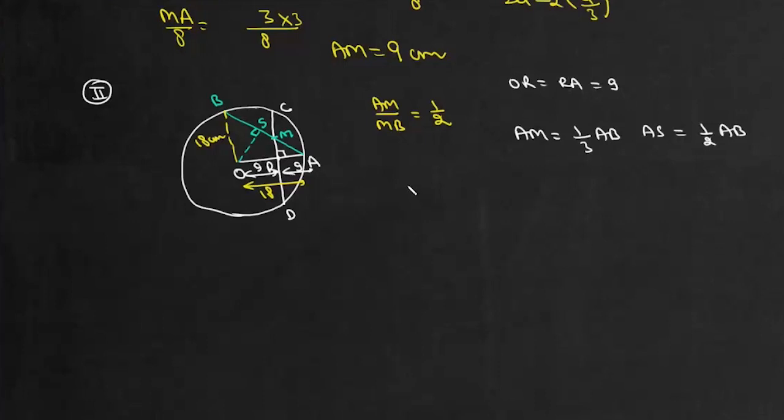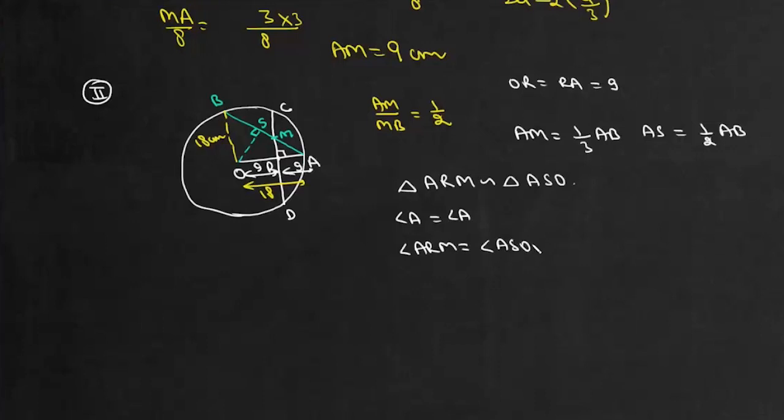Now we'll prove that these two triangles, triangle ARM is similar to triangle ASO. So this angle A is common, angle ARM is equal to angle ASO.